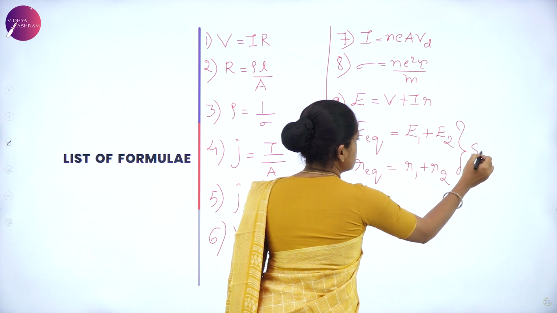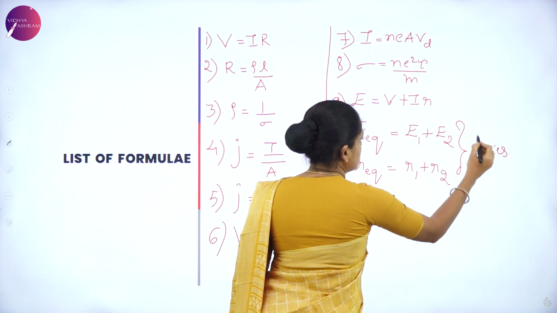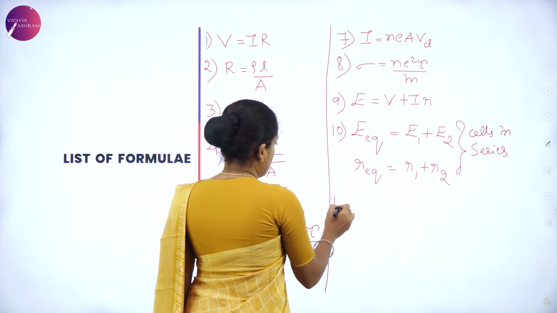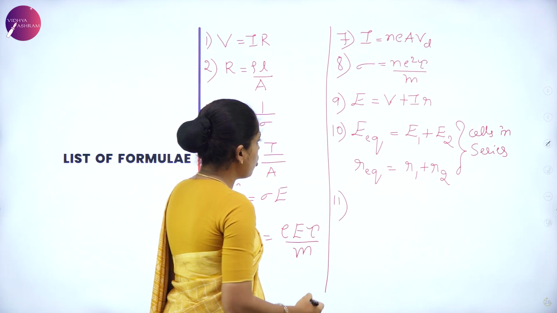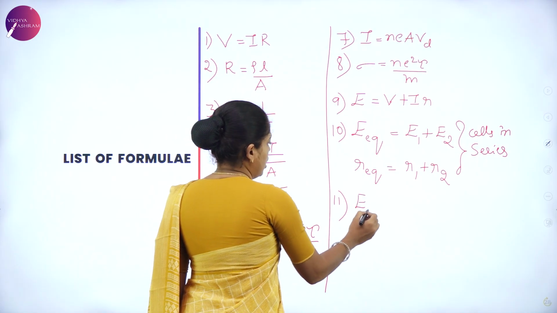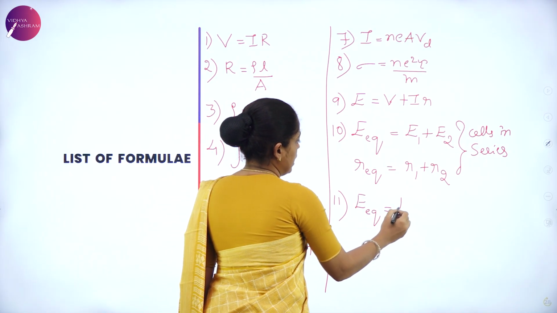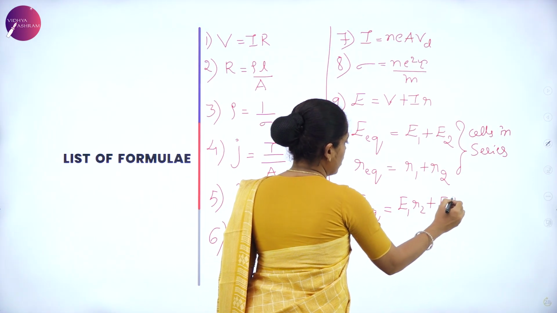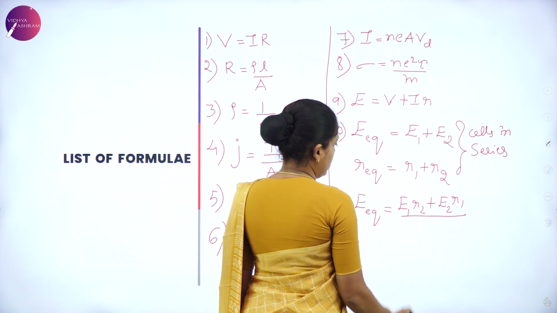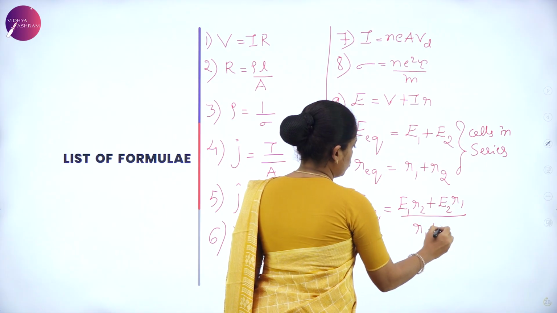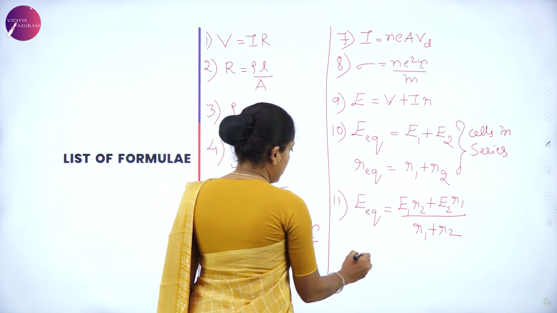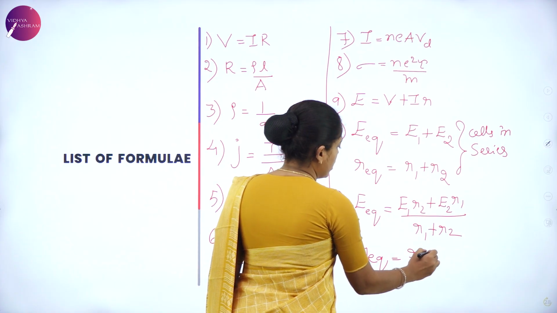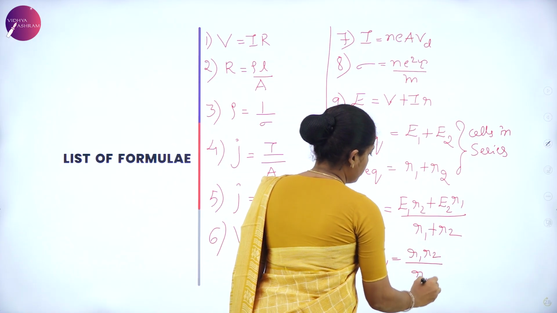This is for series combination, cells in series. And next, for the parallel combination, equivalent EMF is given by E1 r2 plus E2 r1 divided by r1 plus r2. Equivalent internal resistance is given by r1 r2 divided by r1 plus r2.